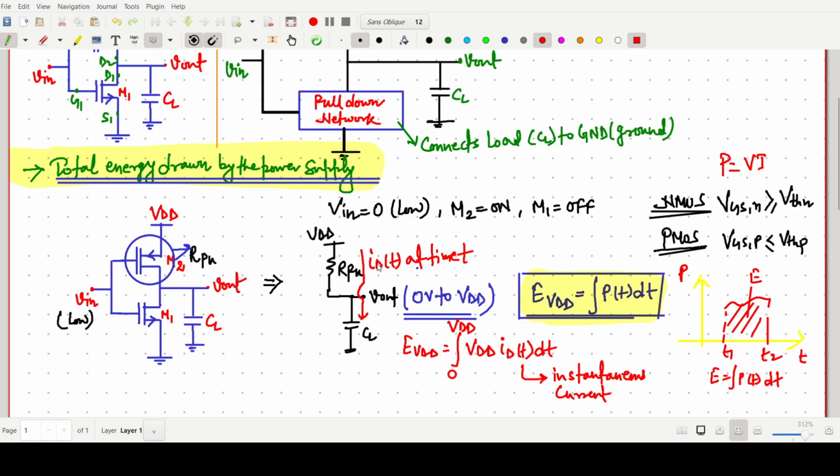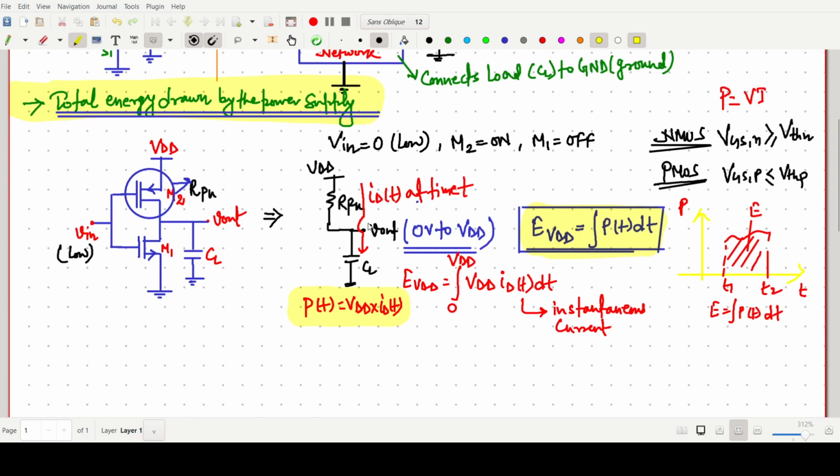So VDD into iD(t). So instantaneous power p(t) is nothing but simply VDD into iD(t). I am highlighting. Clear?